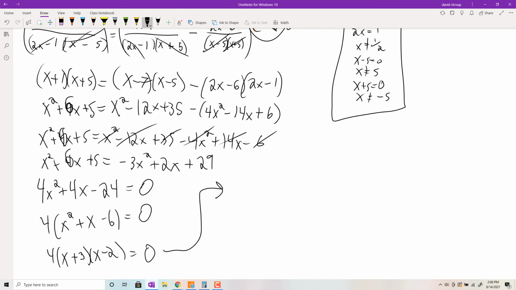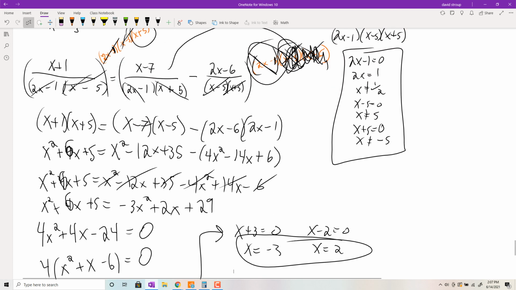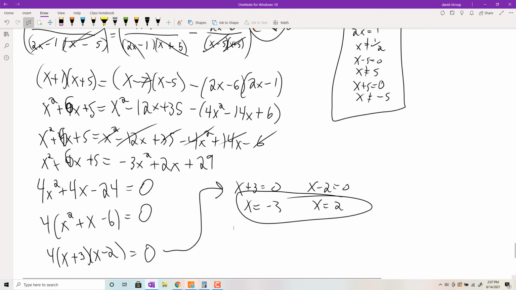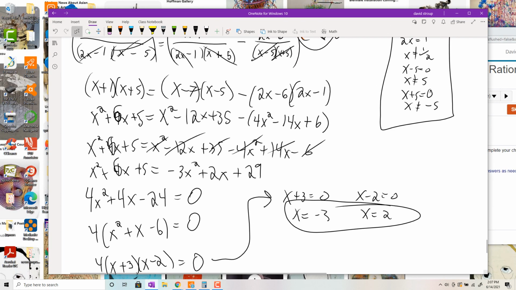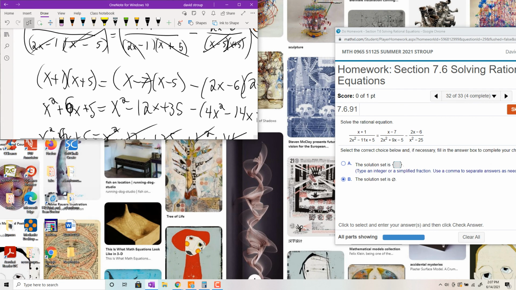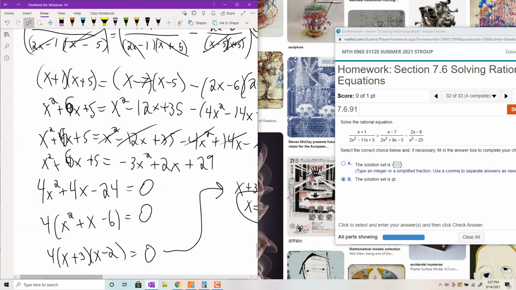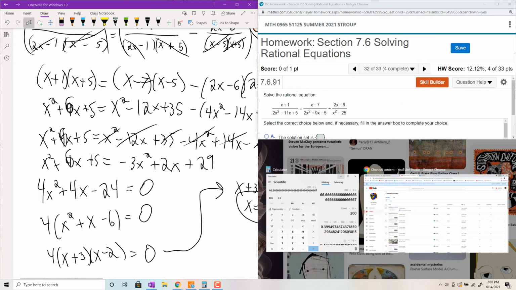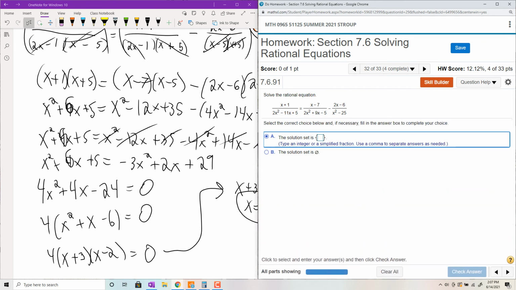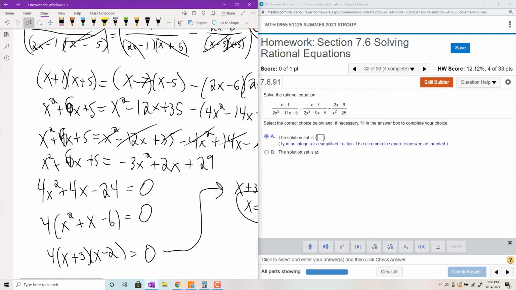And then we'll have two solutions. x plus 3 is 0, or x minus 2 is 0. So x is negative 3, or x is 2. Checking them with the restrictions, we're good. So let's get back over to my math lab. Okay, so what did I say? Negative 3 and 2.